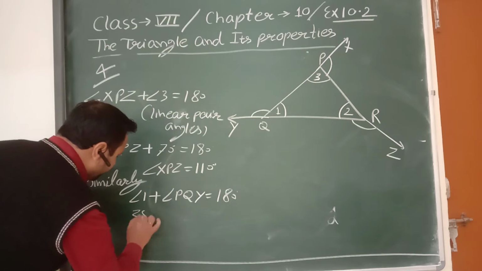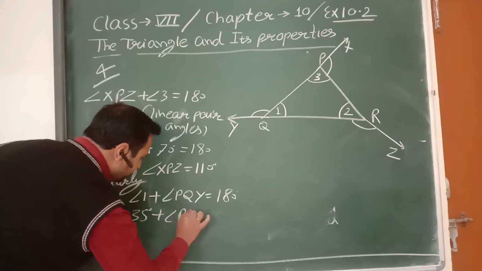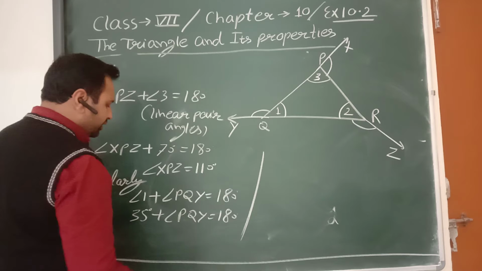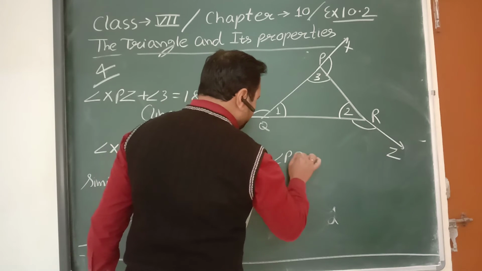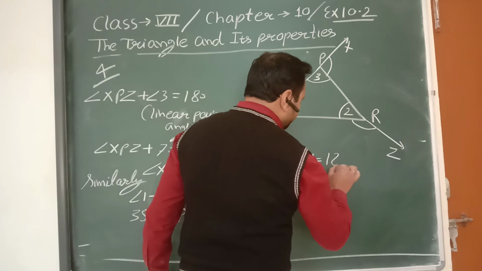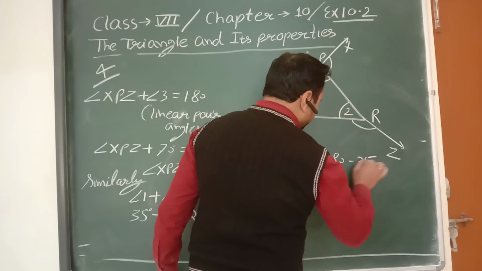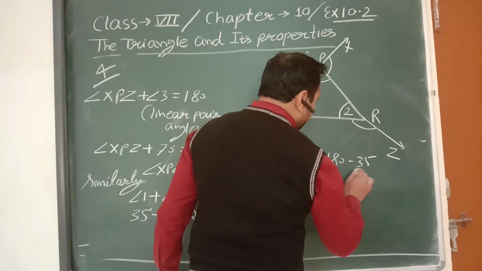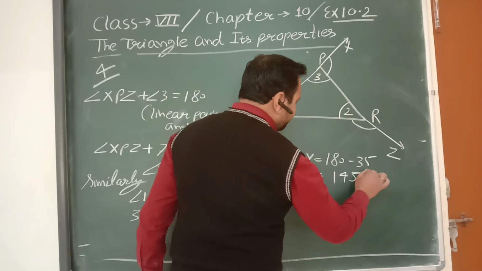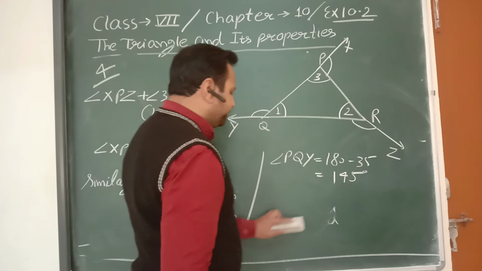So 35 degrees plus angle PQY is equal to 180 degrees. So angle PQY is equal to 180 minus 35, and the value obtained is 145 degrees.